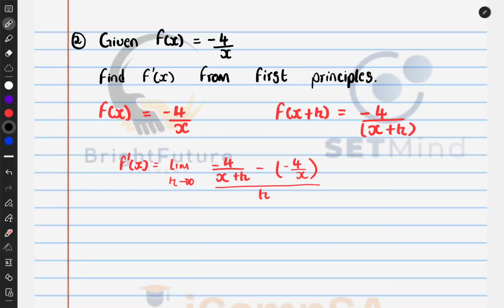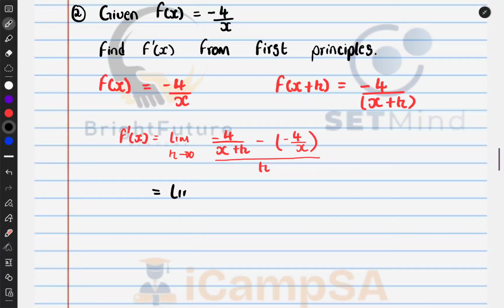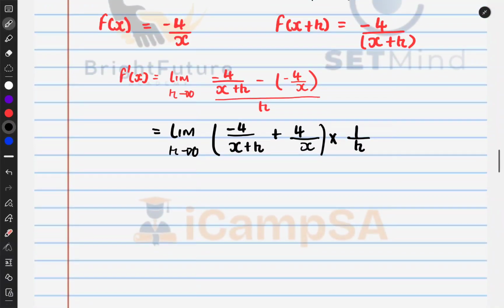Why am I even using the red pen? So the limit as h approaches 0 of negative 4 over x plus h, minus would be positive 4 over x plus h. All of this we multiply by 1 over h. This is just for the numerator. We can even introduce brackets here so that we don't confuse ourselves.